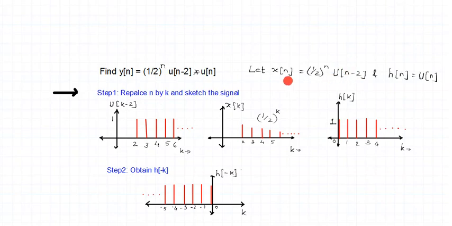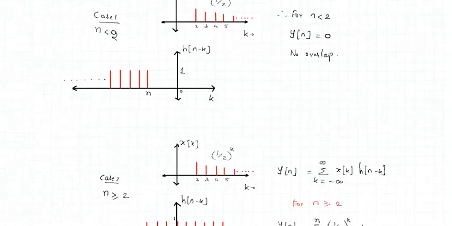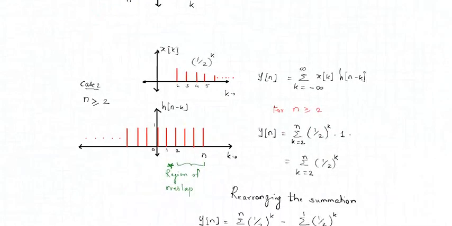So x of k is 1 by 2 raised to k. So this is what we substitute into the equation of convolution, and we replace x of k by 1 by 2 raised to k. Whereas what is h of n minus k? h of n minus k is a unit step signal with all the samples having magnitude 1. Hence h of n minus k is 1.